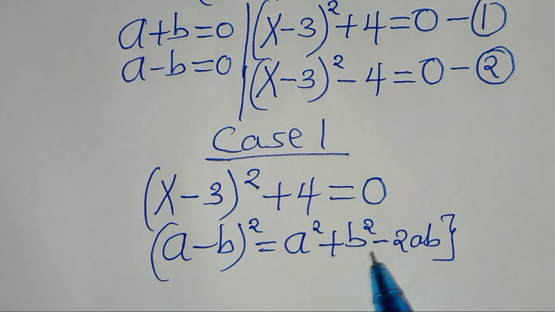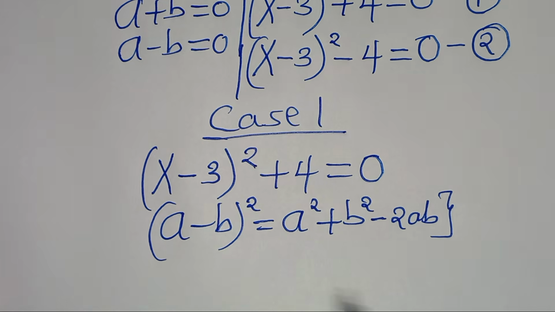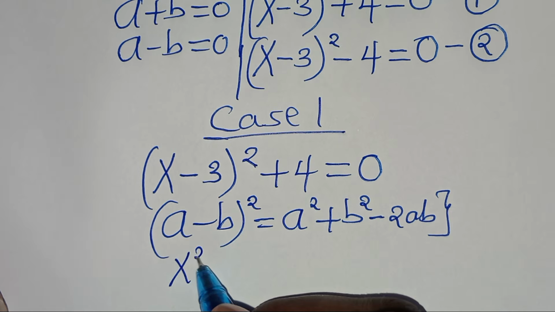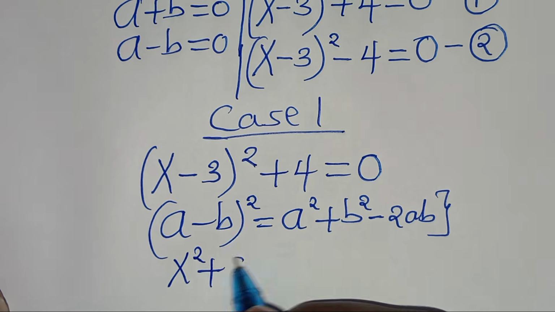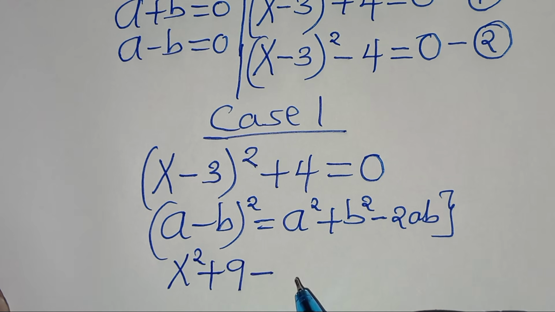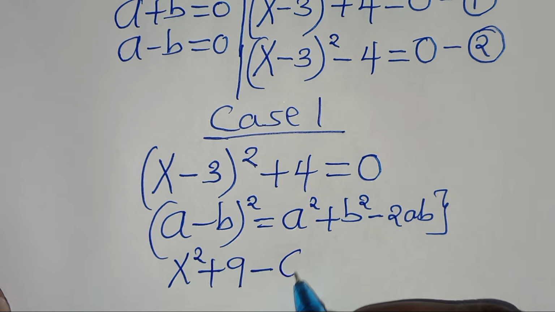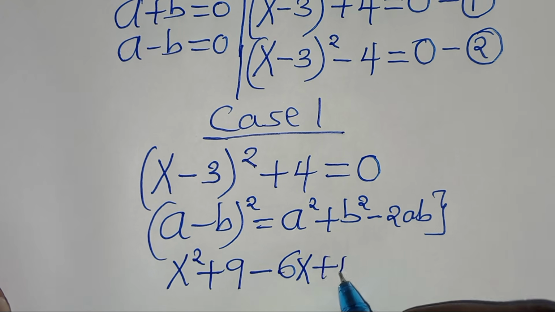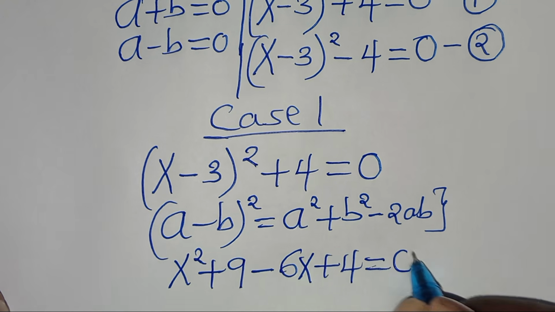Applying this algebraic identity, we have x squared plus 3 squared, which is 9, minus 6x, then plus 4, equal to 0.